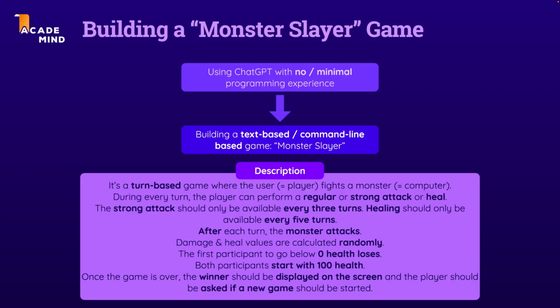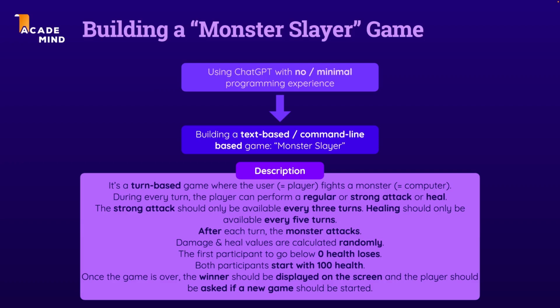Now, the strong attack should only be available every 3 turns. Healing should only be available every 5 turns, so that the game isn't too simple. After each turn, the monster will attack, and the damage and heal values for the player and the monster should be calculated randomly. Of course, the strong attack should do more damage than the normal attack.